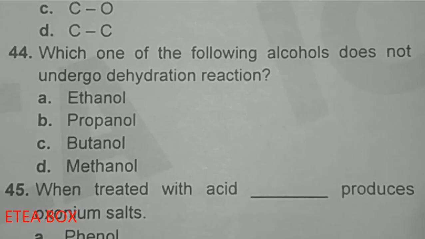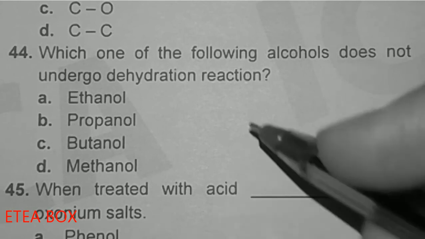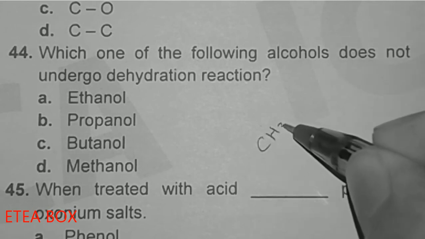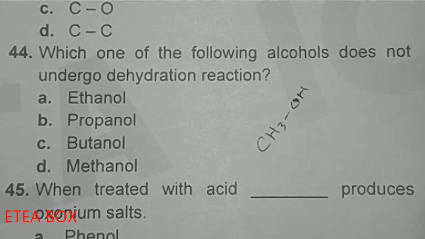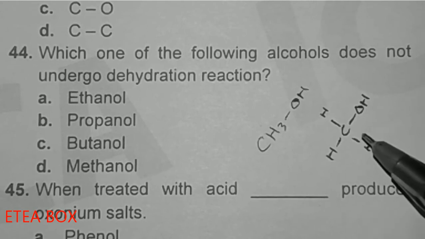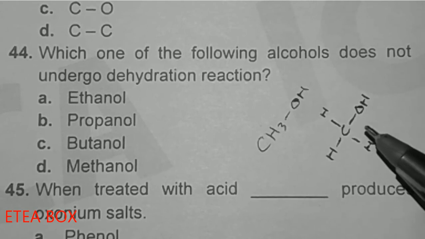Which one of the following alcohols does not undergo the dehydration reaction? We know that dehydration is an elimination reaction, and in an elimination reaction the sigma bonds are broken and the pi bond is formed. Now look at methanol, CH3OH. For methanol, there is no other carbon with which we can make the pi bond.